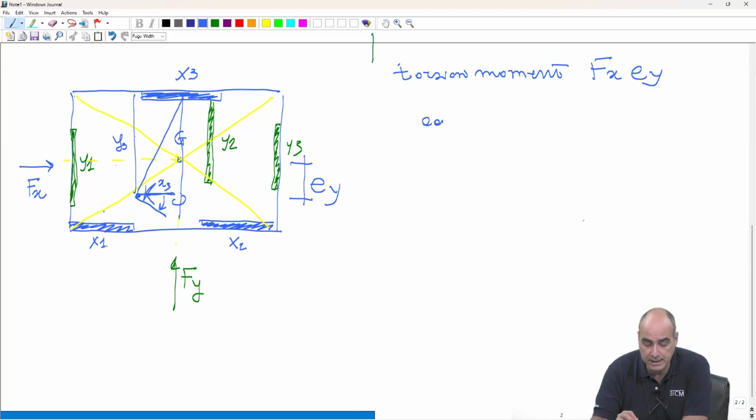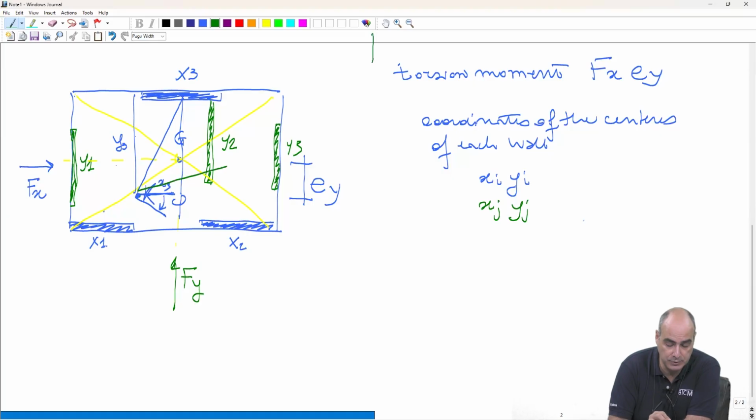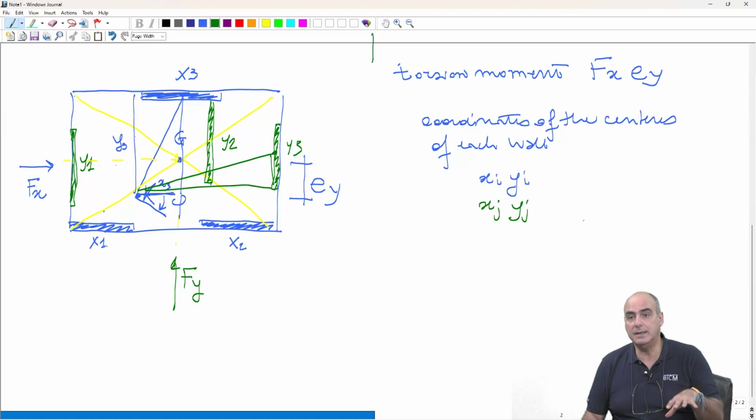So the coordinates of the centers of each wall we denote with small x, xi, yi, and small y, or with xj and yj in the other case, because also in this case, you can have, which are the principles of the solid mechanics.